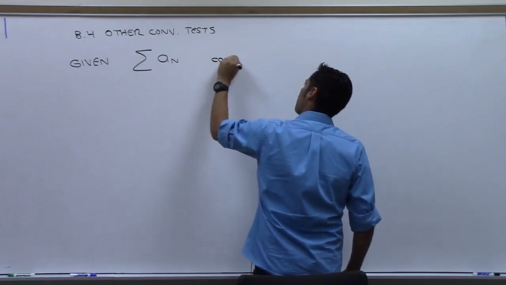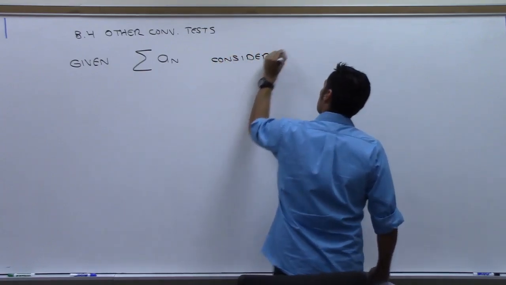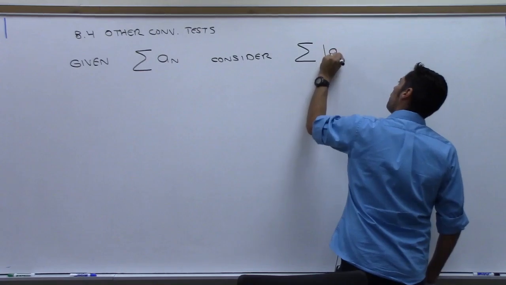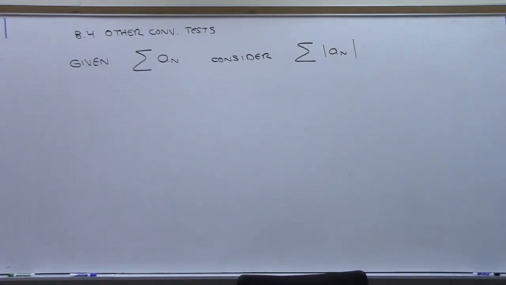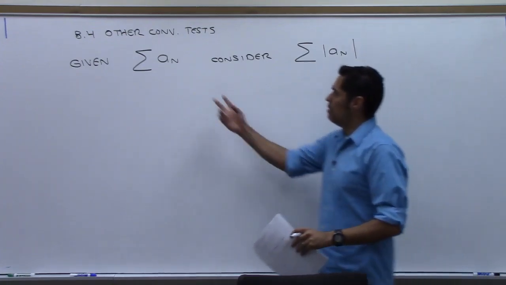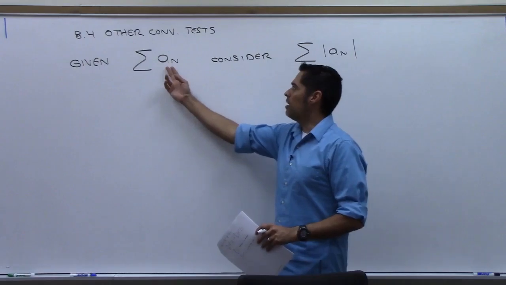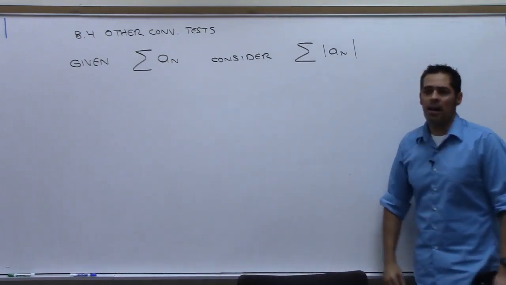Consider this sum, which is taking the absolute value, all right, of the sequence. Right, this is the sequence. I'm looking at a new series where I just look at the absolute value of the sequence.